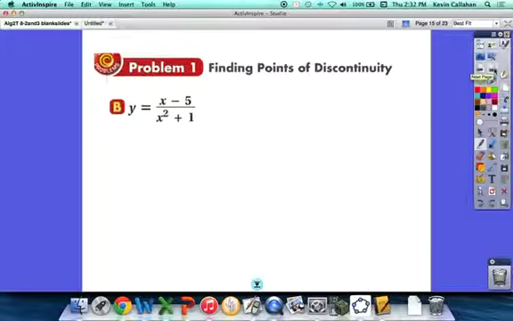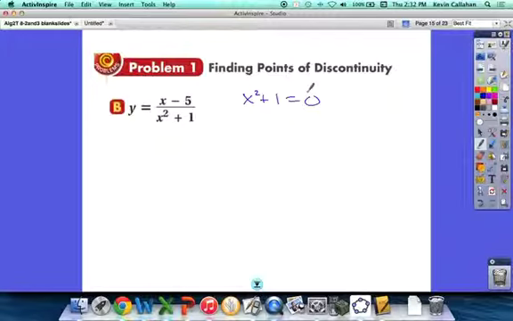Denominator. Now, just because it's not factorable doesn't mean you couldn't try to solve it. What would I get if I tried to solve that denominator? X squared plus 1 equals 0. Solve. Imaginary number.